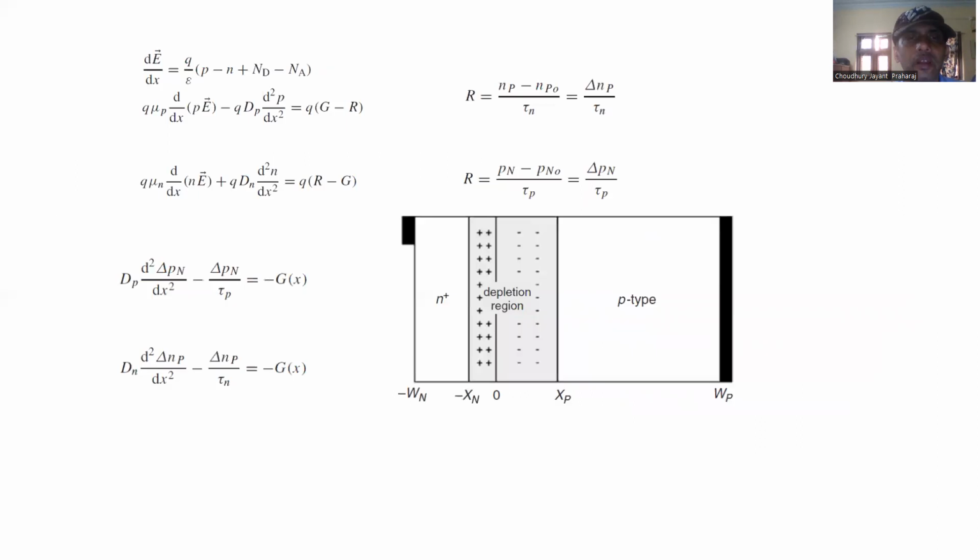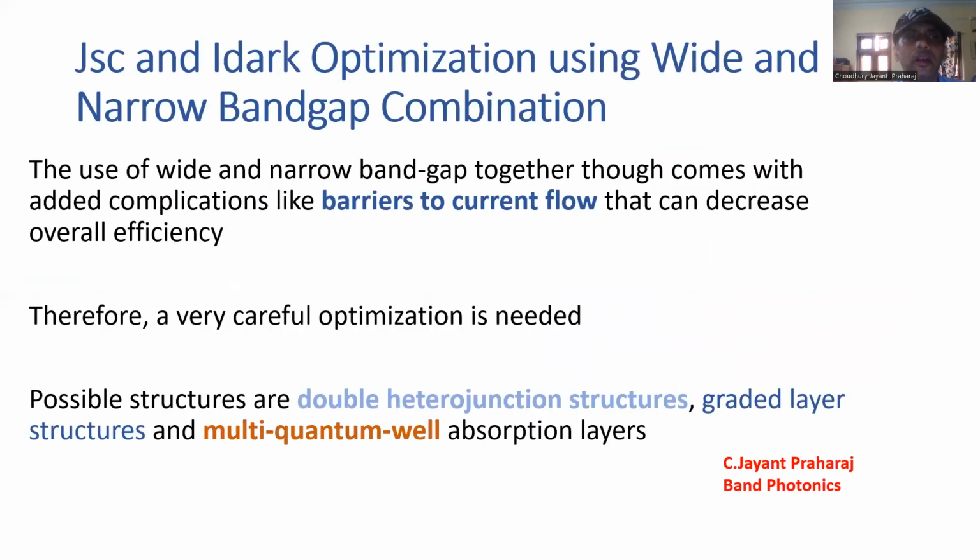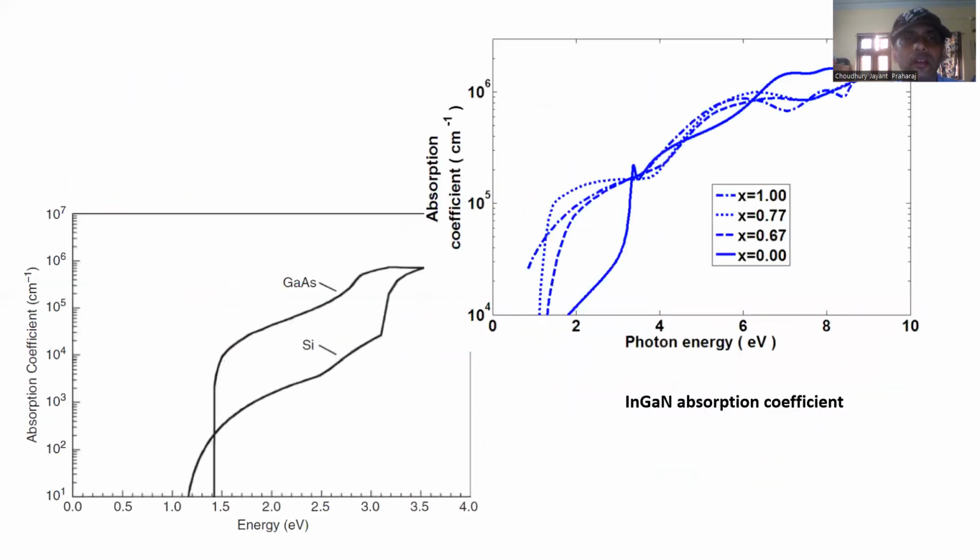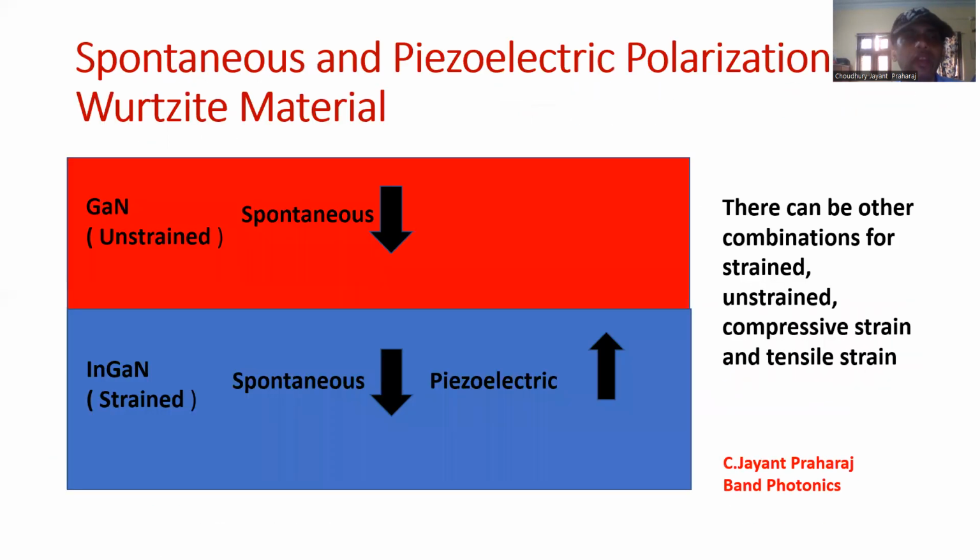Also, some more physics involving these spontaneous and piezoelectric polarization. So here we show an abrupt heterojunction. When you have an abrupt heterojunction, there is an abrupt change in polarization as we go from one layer to another, and that leads to so-called bound sheet charge densities at the interface.